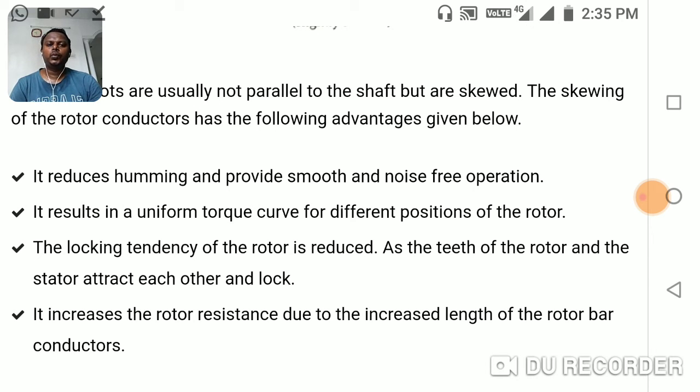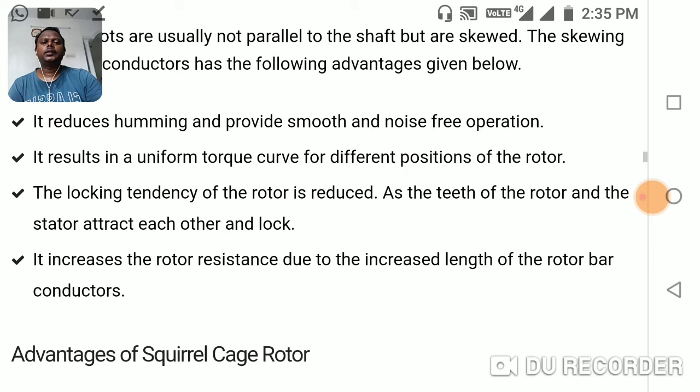Humming sound, as you know, you could recall the technical terms like humming, eddy current loss, core loss, and hysteresis loss. The second thing is it gives a uniform torque curve for different positions of the rotor. The locking tendency of the rotor is reduced.